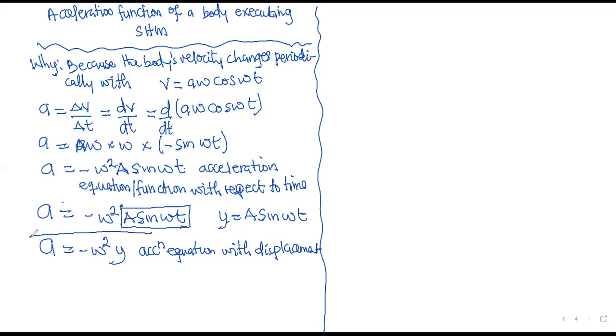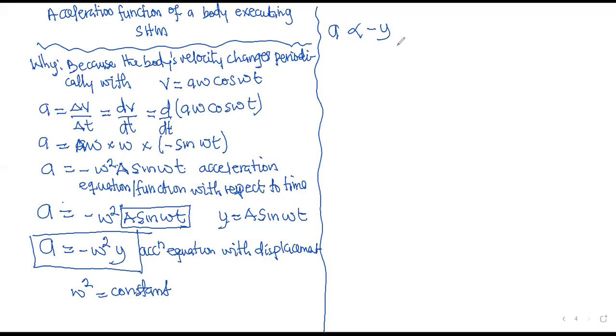And the acceleration is very important because look at something. Omega squared is constant. So if omega squared is constant, then a is directly proportional to negative of y. And this is what defines a body executing simple harmonic motion.